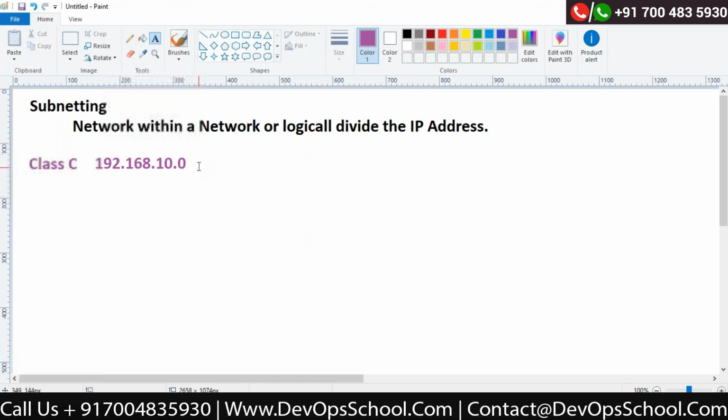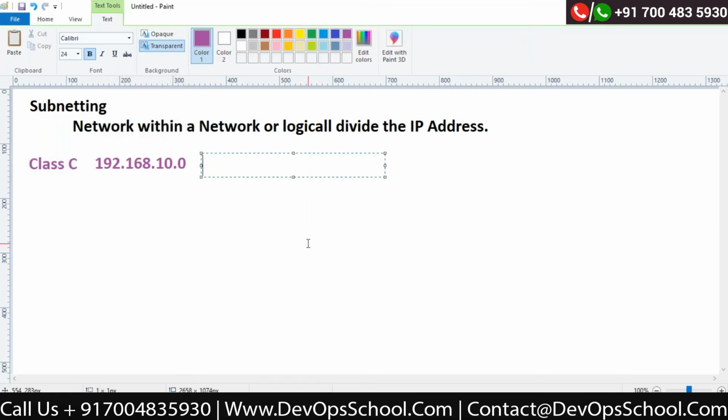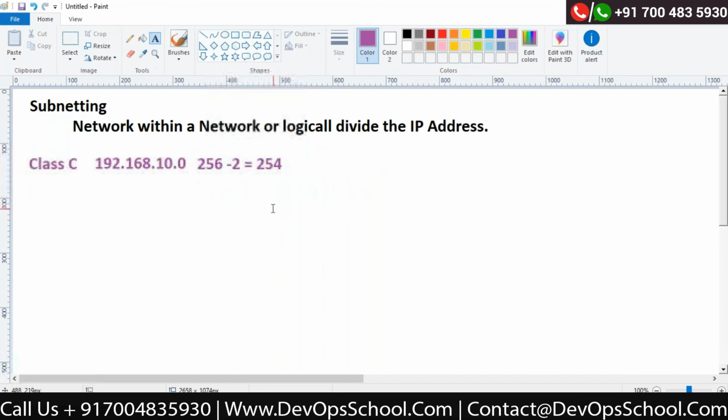Now I know the total number of computers I can use here: 256 minus 2, so the actual usable would be 254. Am I right?